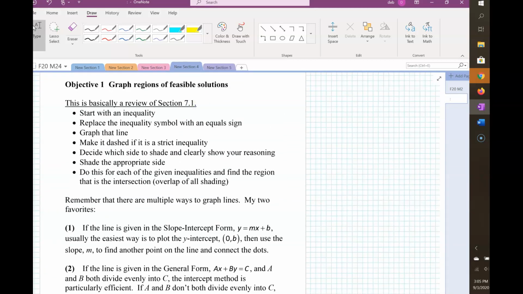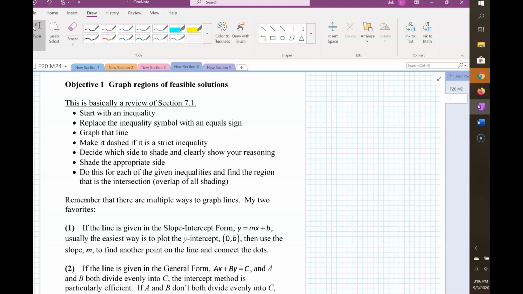So building up to that, we're going to do a quick review of 7.1 where we start with an inequality. We replace the inequality with an equals and graph that line. We make it dashed if it's a strict inequality, which actually doesn't come up in practice in linear programming. It's just a small algebraic detail.